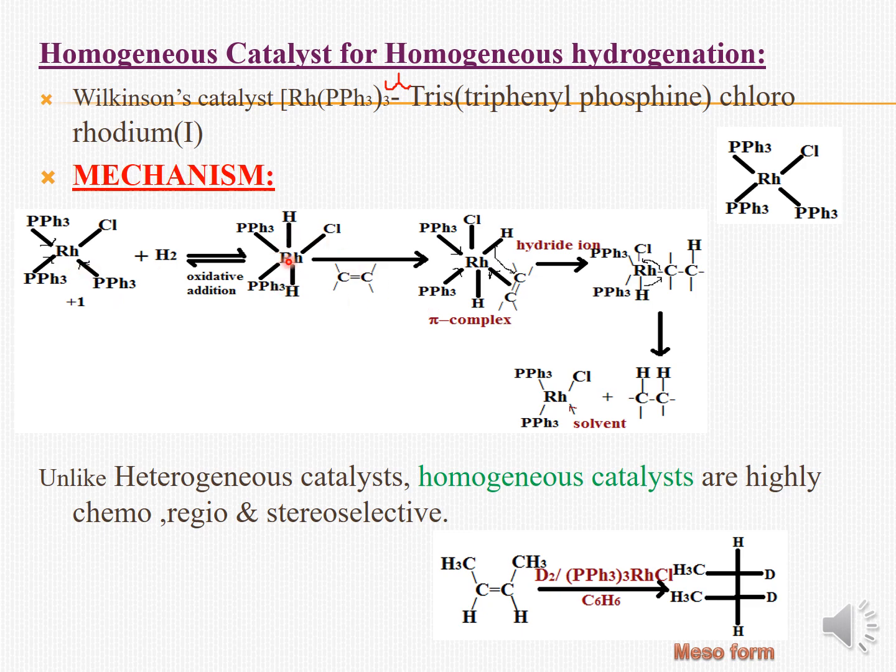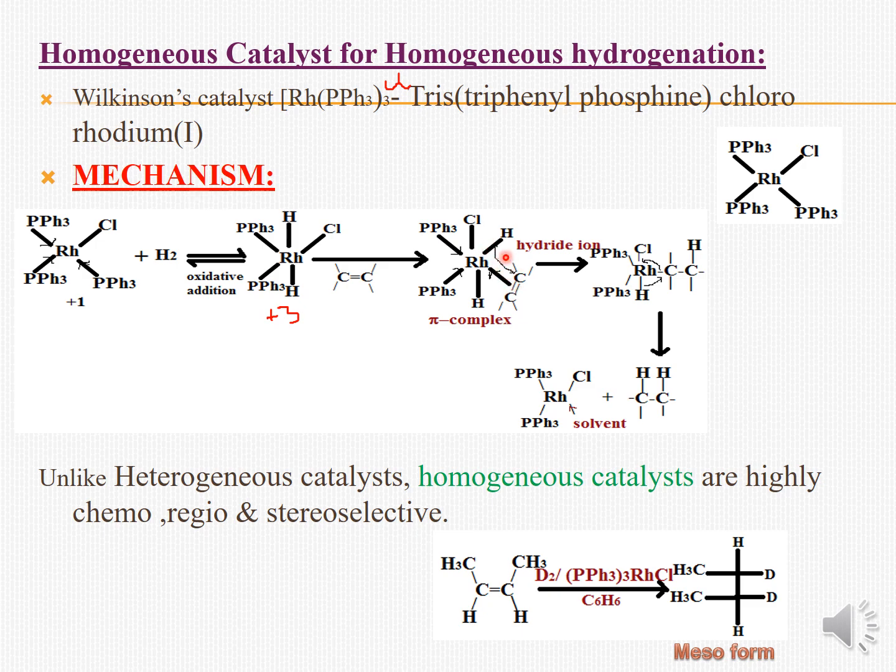When it undergoes oxidative addition, one of the triphenylphosphine (PPh3) ligands gets cleaved out by the addition of the hydrogen over here. After the addition, there is pi complex formation. During this stage the oxidation state goes from +1 to +3.